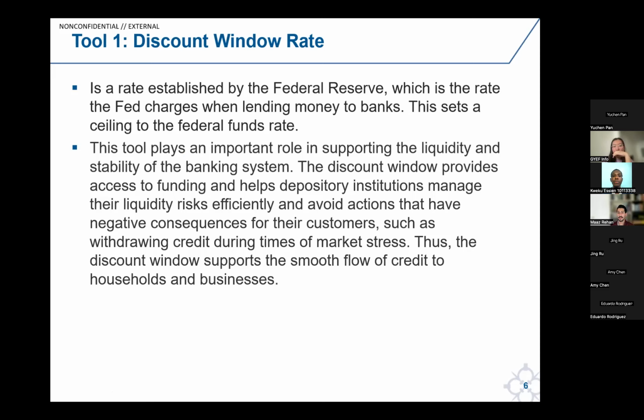And the first one we're going to talk about is the discount window rate. It's a rate established by the Federal Reserve, which is the rate that the Fed charges when lending money to banks. And this sets a ceiling to the federal funds rate that we spoke about previously.